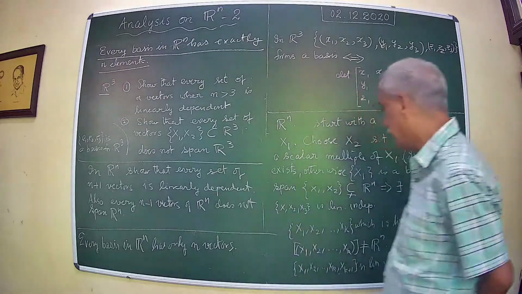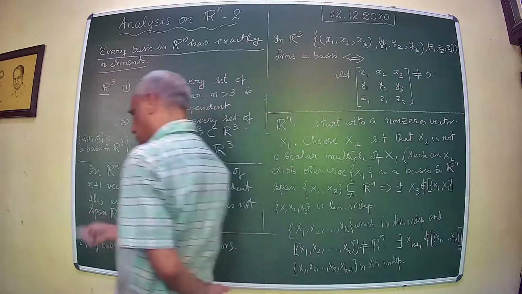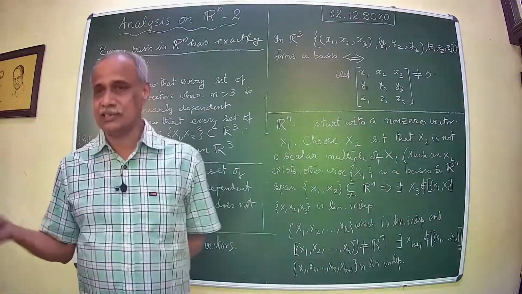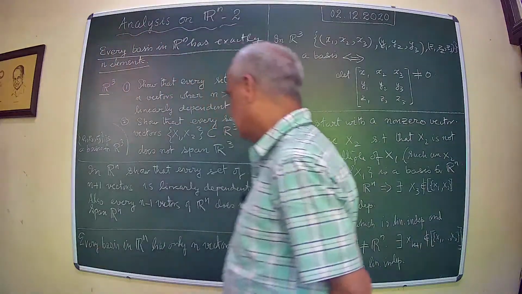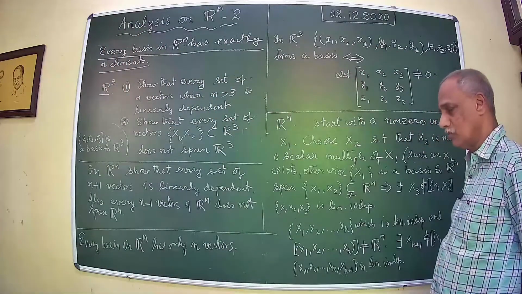We have already seen how to construct it. Start with a non-zero vector, keep on constructing it. So you can construct this until you get n elements which span the whole space.